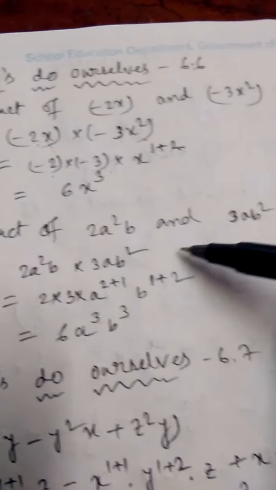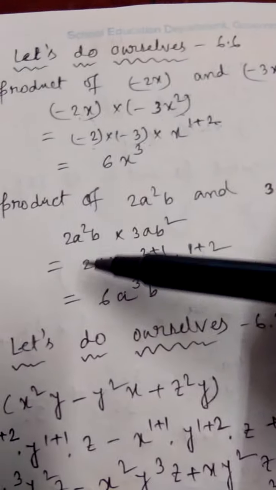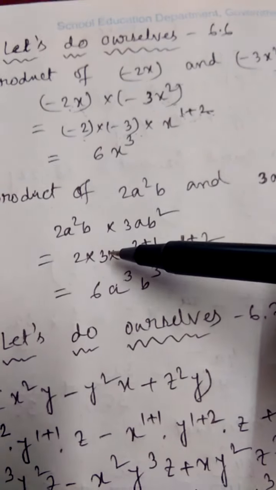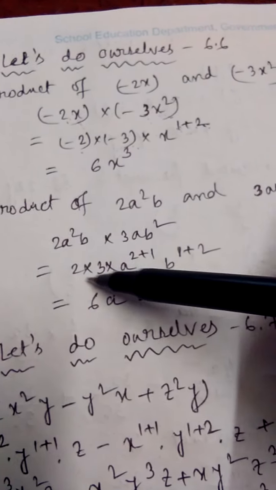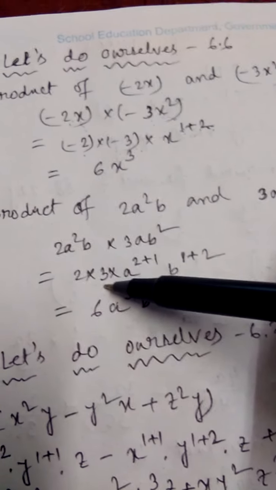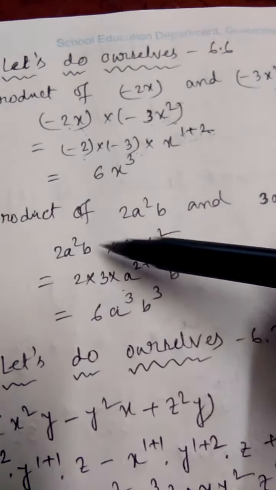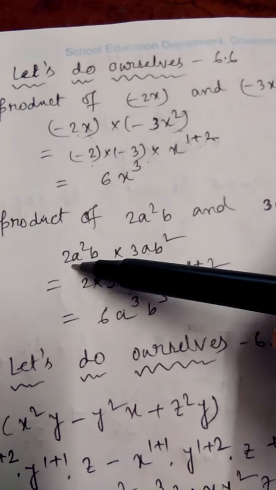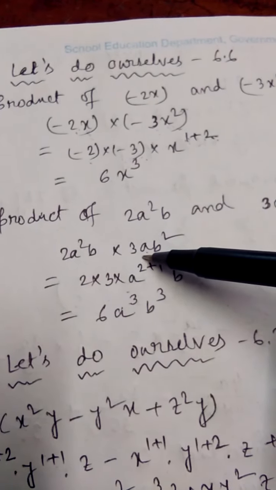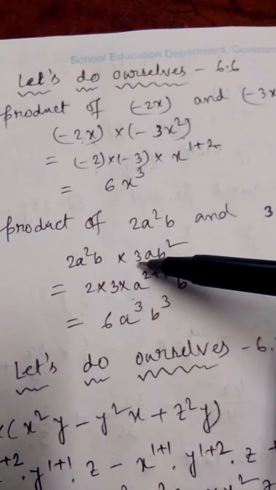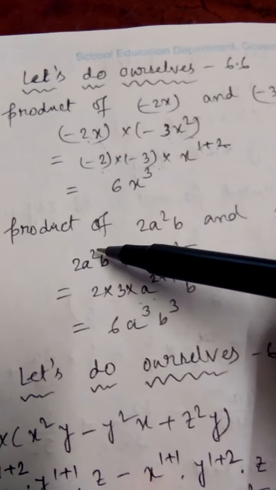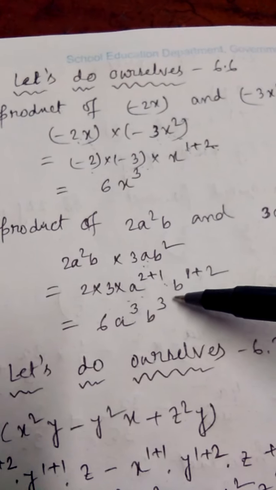The product of 2a square b and 3ab square is equal to 2a square b into 3ab square, equal to 2 into 3. The numerical coefficients should be multiplied first, then a square into a. These are similar variables, so we should multiply a square into a and get a to the power 2 plus 1.